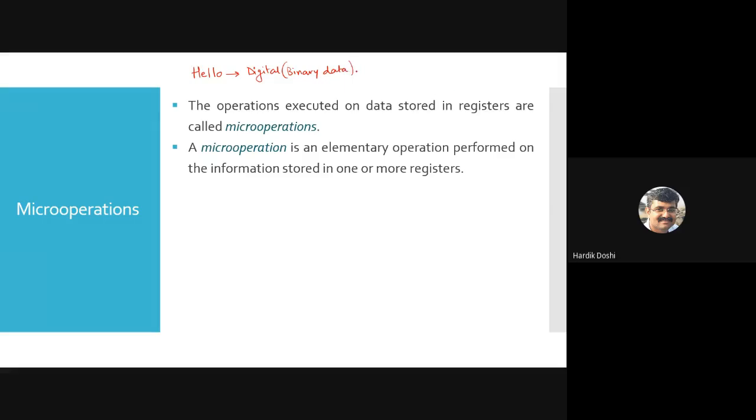And this digital data is sent to my processor. This processor contains some registers. The processor contains registers, and that data is processed at processor level, and then we get this data on our display.